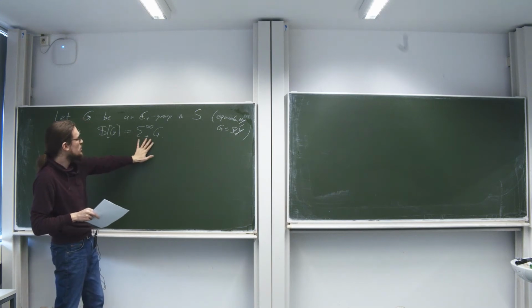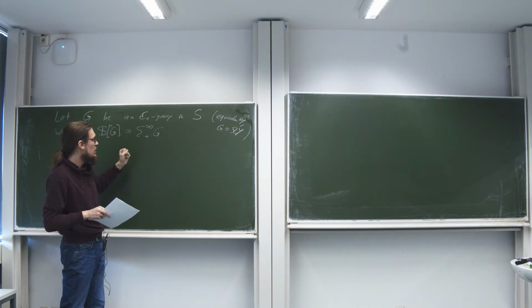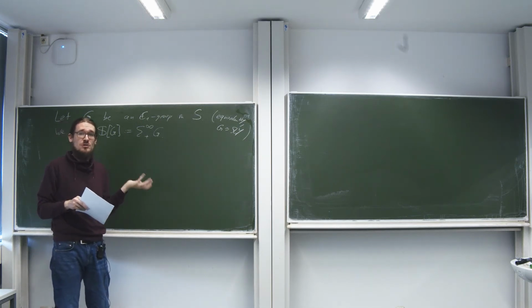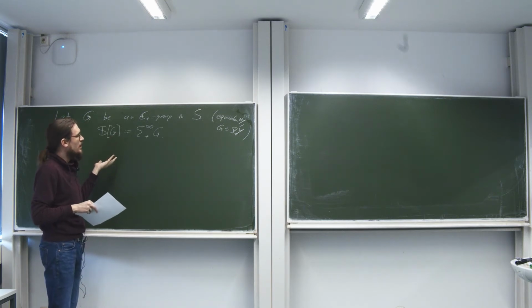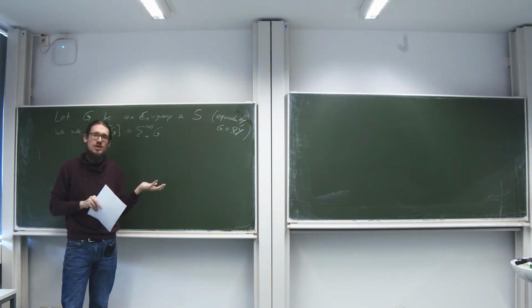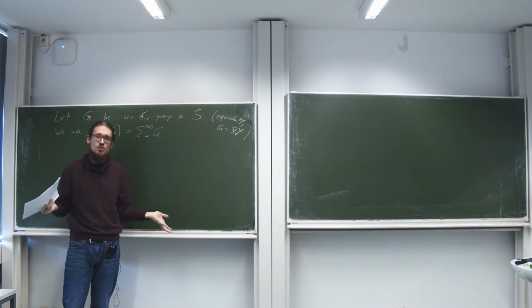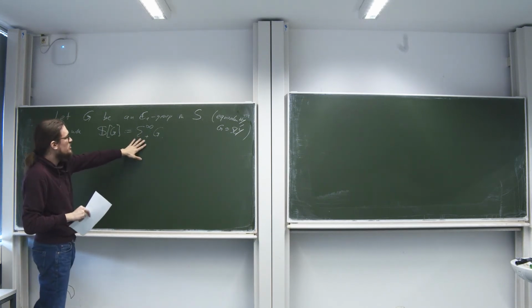So in the case where G is discrete, this is a sum of copies of S, one summand for each element of G. So this looks like a free module over S generated by the elements of G. And that's exactly what you do when you take group rings over ordinary rings. You take a free module on all the generators of G, and then you put a suitable ring structure on it, coming from the group multiplication. And of course, the same thing happens here as well.